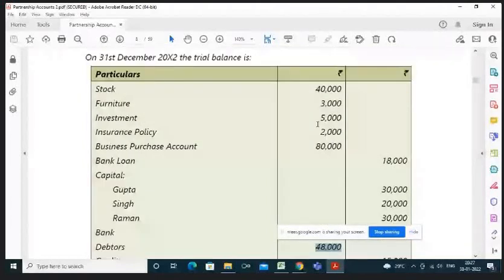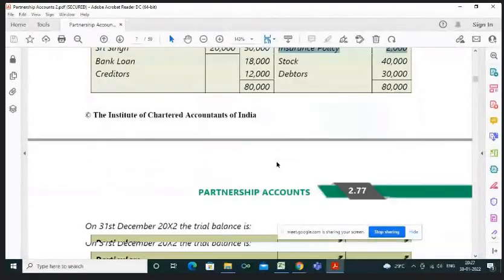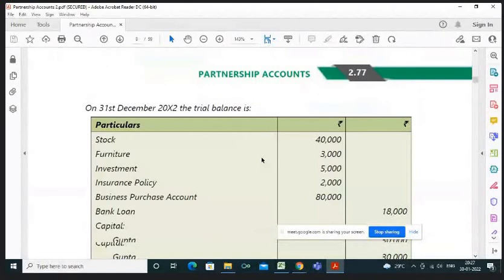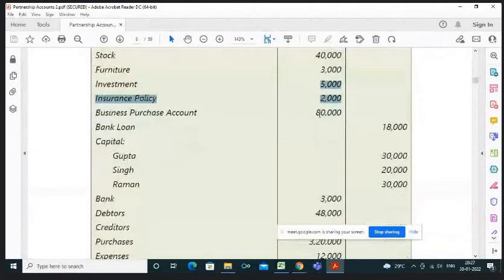Investment is not taken over. If you see, the investment was there in the opening balance sheet, and there was an insurance policy taken over, these investments and insurance policy. So we will not take this to our balance sheet. Business purchase account also, adjustments have to be done.